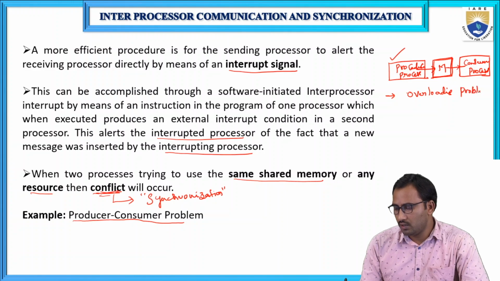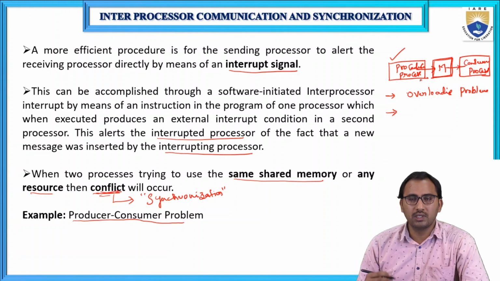Another scenario is that the producer process is producing the data at a lesser rate, but the consumer process is consuming at a faster rate. That means the consumer process doesn't have enough data to read from the mailbox, so this also creates a problem.